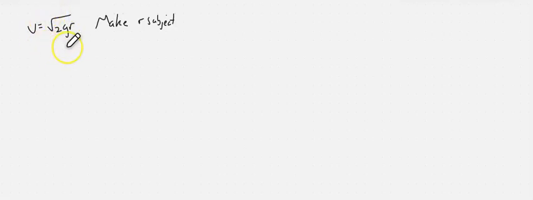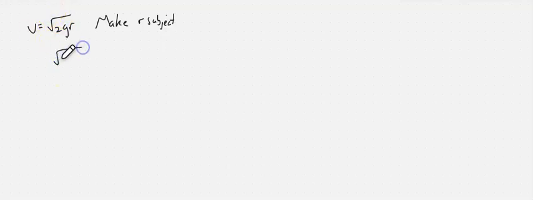So if, for instance, we are given V is equal to the square root of 2GR, and we're asked to make R the subject of the formula. How do we get rid of this square root sign? This is the problem. So to get rid of the square root sign, we simply square it.